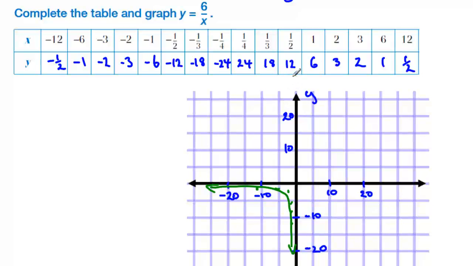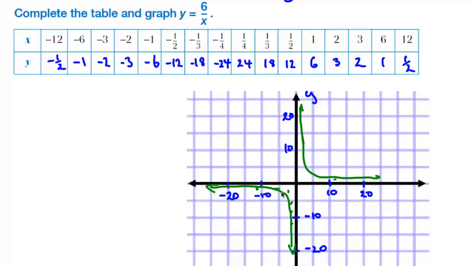And on this side, if you look at it, when we've got 12, we've got a half, so that's about here. And the same thing happens. I'll get you to plot this yourself. You can stop and plot it at any stage, but you end up with a graph that comes around like this, never touches the line and goes that way. Now that's a typical graph of a hyperbola. Now you can graph it with a lot more accuracy than I have.